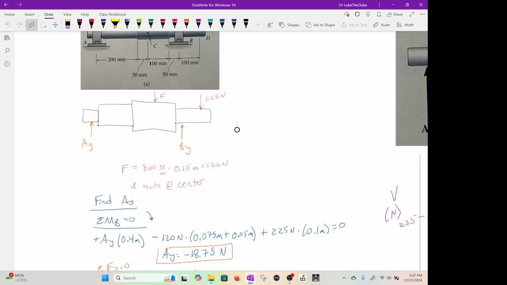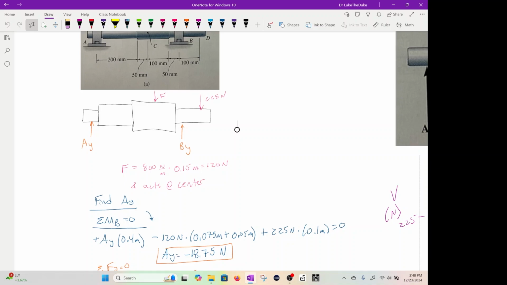And then I'm subtracting F, which is 120, times the distance away from B, which is 0.075 plus 0.05 meters. And then I am adding 225 times 0.1 because that's the positive force moment.